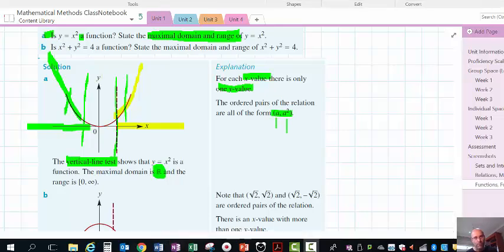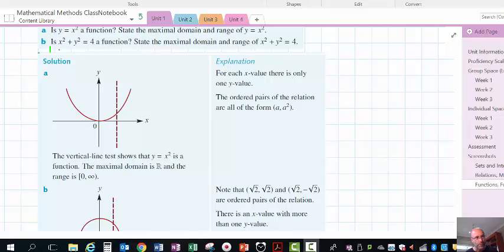Thus, if it's going to keep going left and right, for the range, which is all the possible y values, it will just keep going up and up and up, and so both ends of the graph will just keep going up, and that's why the range is from 0 to infinity. You can see that this graph turns around at y equals 0 and it keeps going on to infinity. Remember, we've got the curvy bracket there, can't include infinity, it does include 0, so we've got the square bracket on the left.